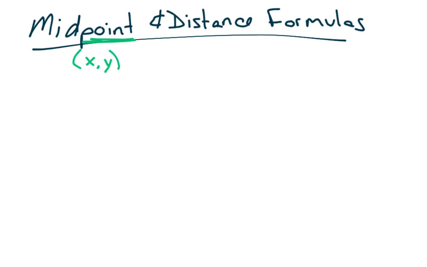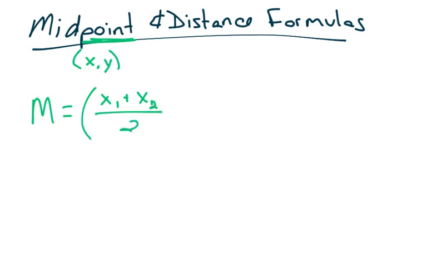And to find that middle point, we're finding the average of your x values and the average of your y values. So a midpoint, capital M, as opposed to the lowercase m, which is our slope, takes your two x values, you add them up, x sub 1 plus x sub 2, and then divide it by 2.